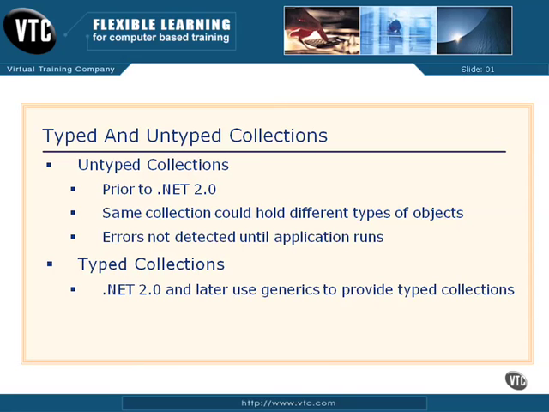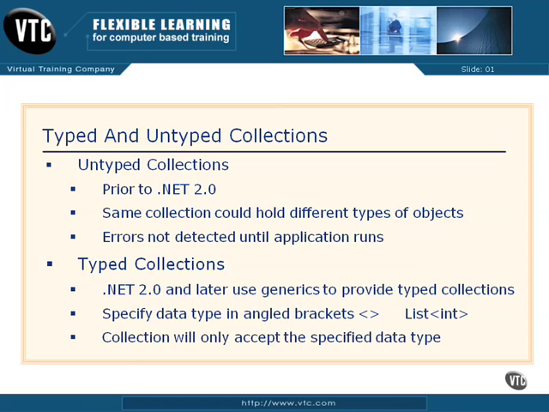But the way they corrected it is, in the .NET 2.0 release and later, they use a feature called generics to provide typed collections. And the way you can tell if you're using this is when you create your collection, and I'll show you some code in just a few minutes and demonstrate the difference here, anytime that you see the collection created by first mentioning the class that's going to be used, like we're going to create a list collection, and you see the type in these angled brackets, that's telling you that we're using one of these generics and we're creating a typed collection.